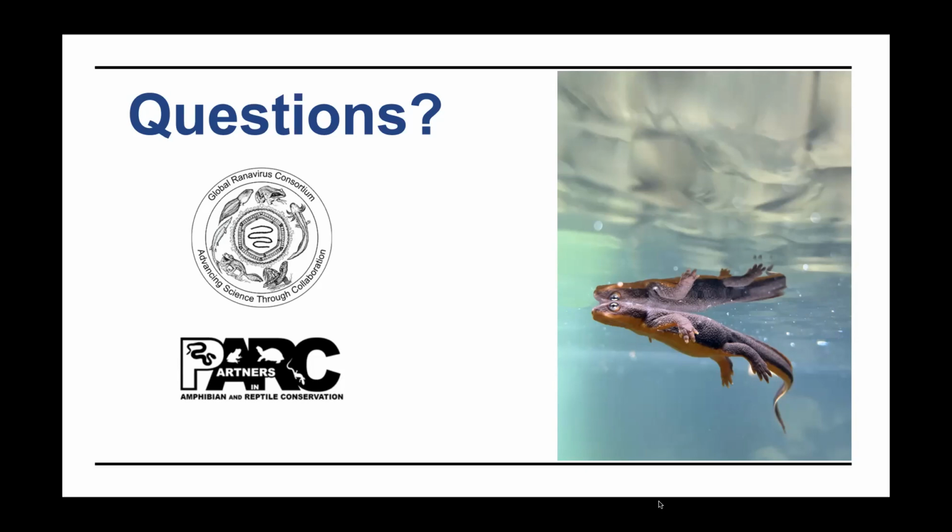Our next question is from Laura. Has anyone looked at vitamin deficiencies as weakening immune systems to make animals more susceptible at different life stages? Currently in fish, we're seeing correlations with thiamine deficiencies. I don't know of anyone who's been looking at vitamins per se. I do know that people have looked at nutrition, and nutrition can be really important in ranavirus outcomes.